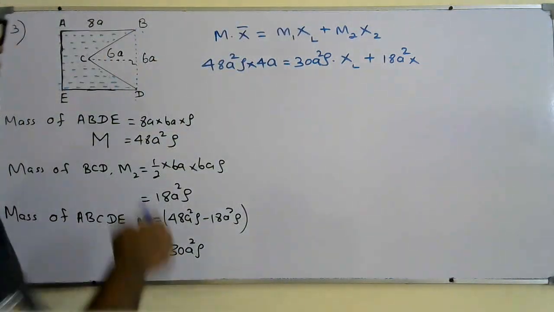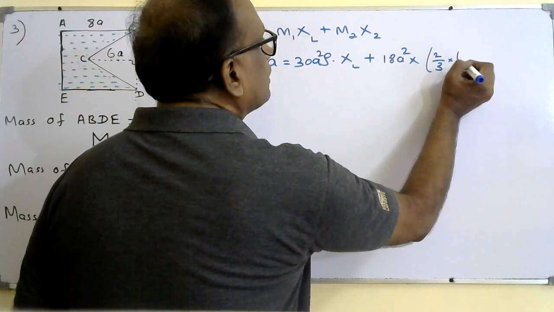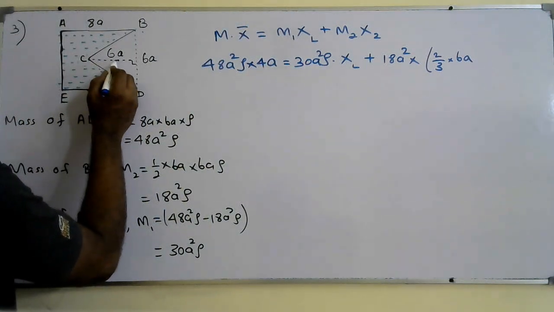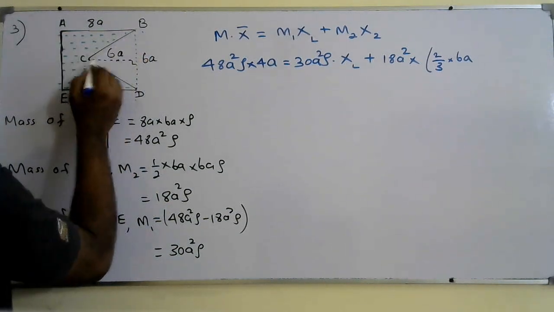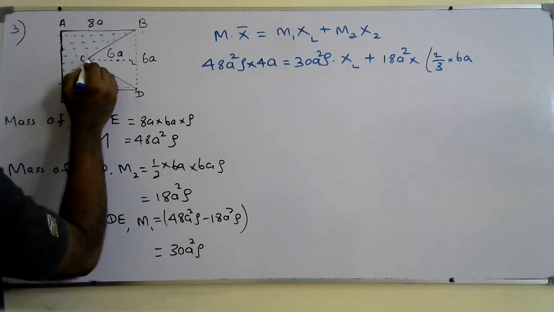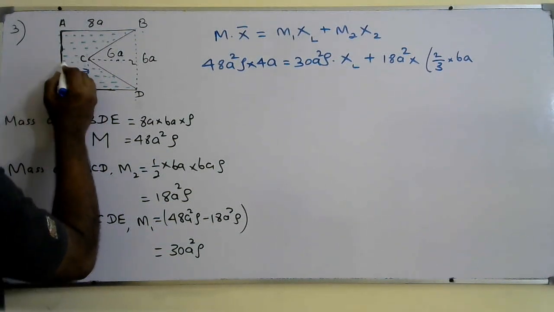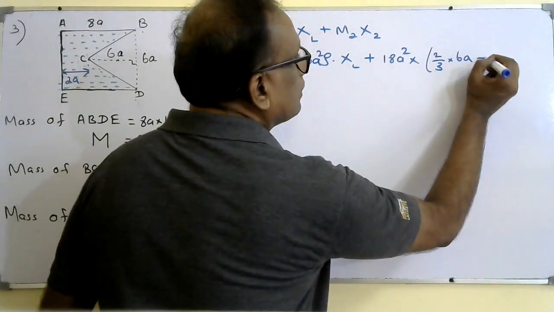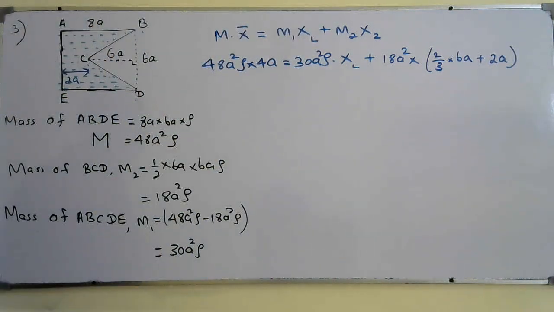So 2/3 of 6A. From here this is 8A, this is 6A, means this is 2A. From here to here is 2A. So 2A plus 2/3 of 6A, that's going to be 4A. 2/3 of 6A plus 2A is 4A.